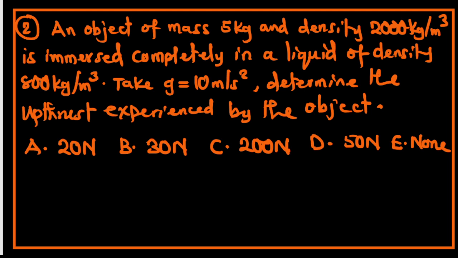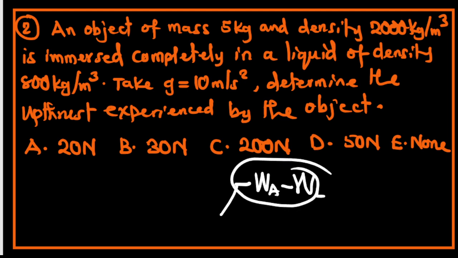We need upthrust. Whenever a question asks you to find upthrust, there are two ways. It can be from the original definition of upthrust, weight in air minus weight in liquid. Obviously, this is not what we're going to use in this case. The second is Archimedes principle: upthrust equals weight of liquid displaced.